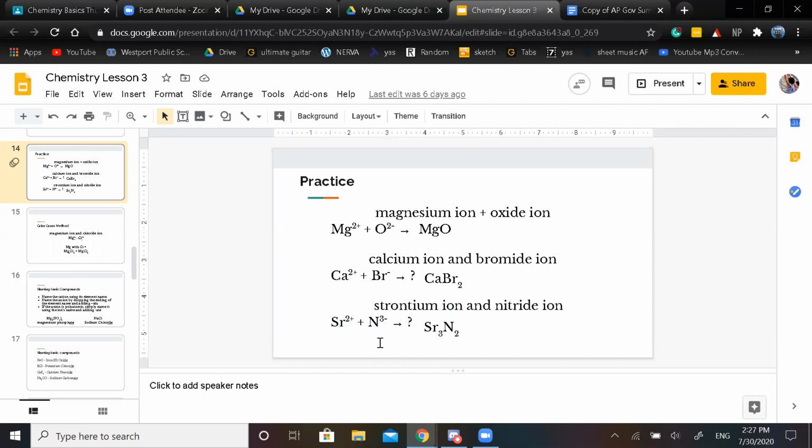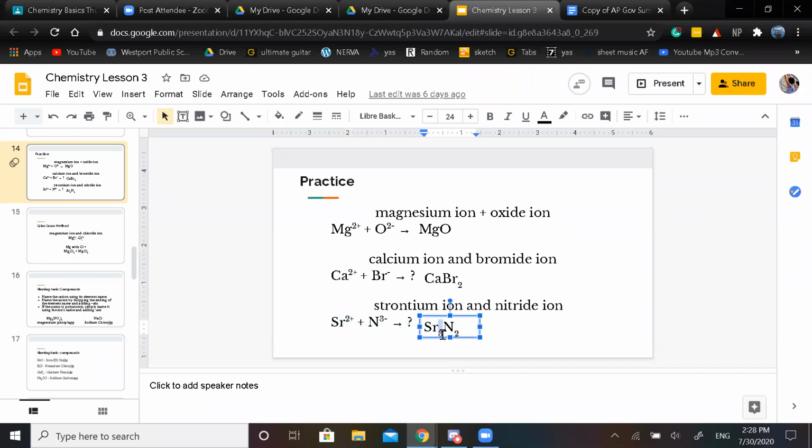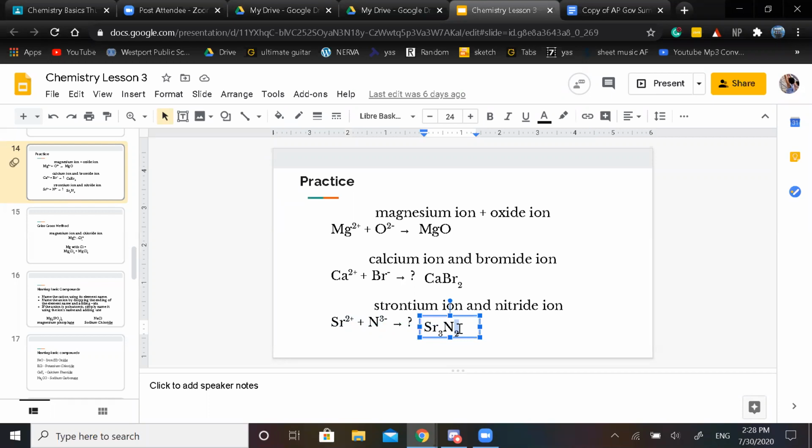So the common number would be 6. So you would want 6 plus and 6 minus. But in order to obtain 6, you would have to multiply 2 plus by 3. So then you would have 3 here. And to obtain 6 minus, you would have to multiply 3 minus by 2. So you'd have 2 here.